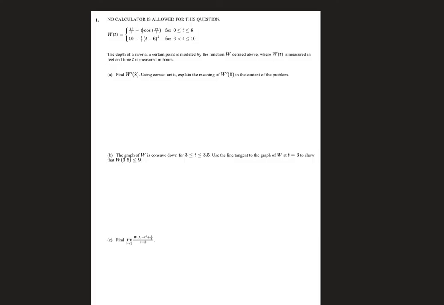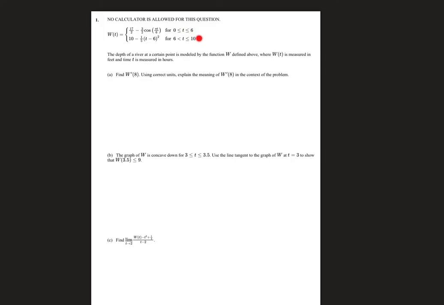First, they say find W prime of 8 and interpret the value in the context of the problem. Let's just find W prime of 8 first, using correct units, and then we'll interpret it after that. Technically W prime of t would be taking the derivative of the top and the bottom, but here we only want W prime at 8.